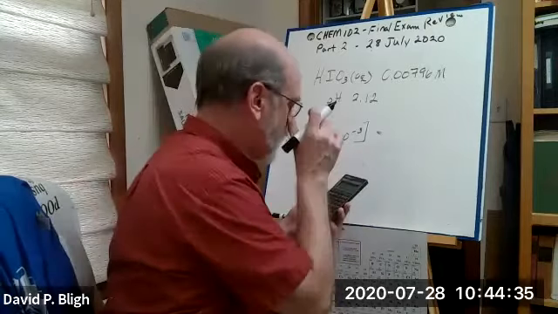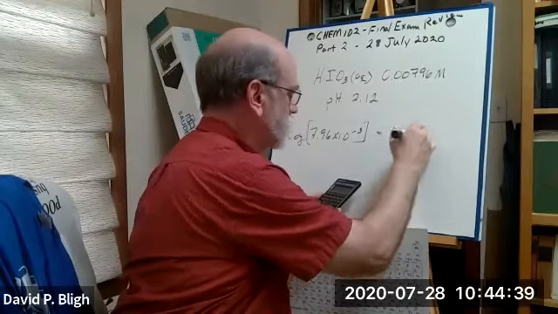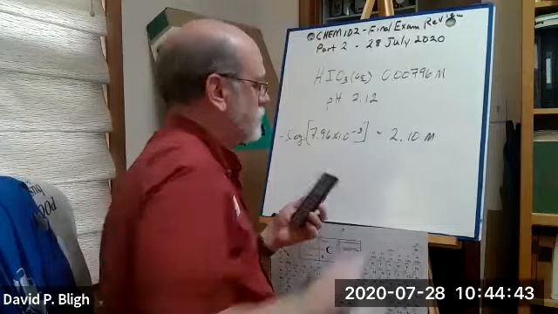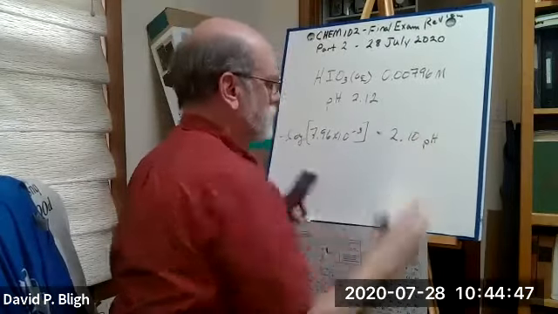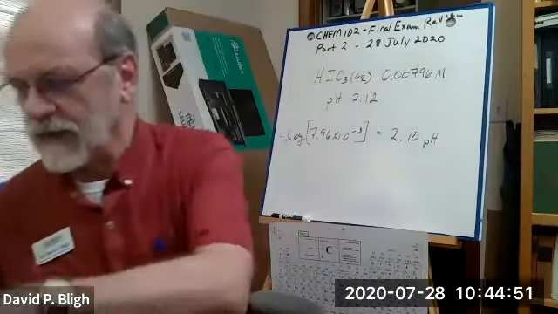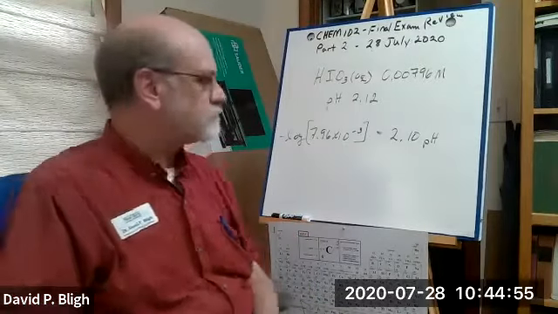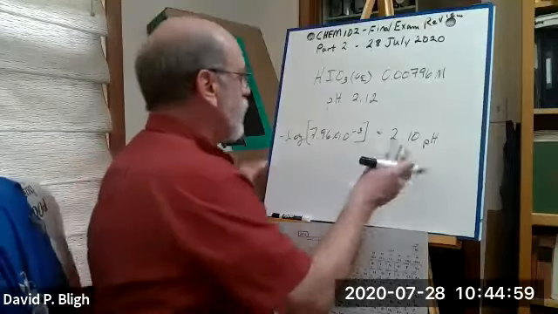If that were a strong acid, it would be 2.10 pH. It is a weak acid. Has to be a weak acid. We're pretty close. All right.